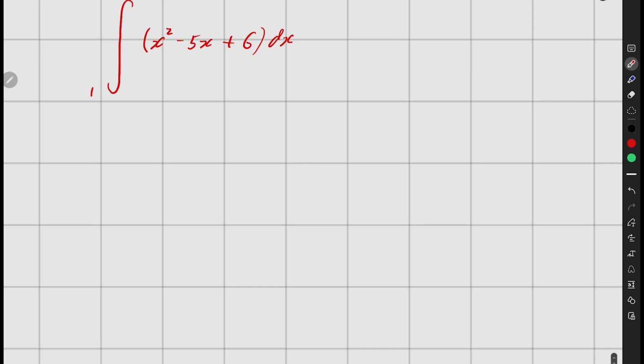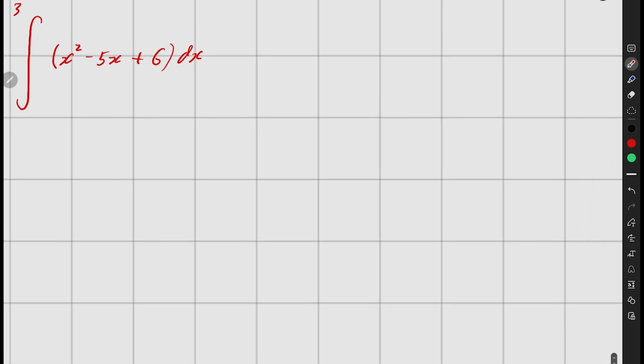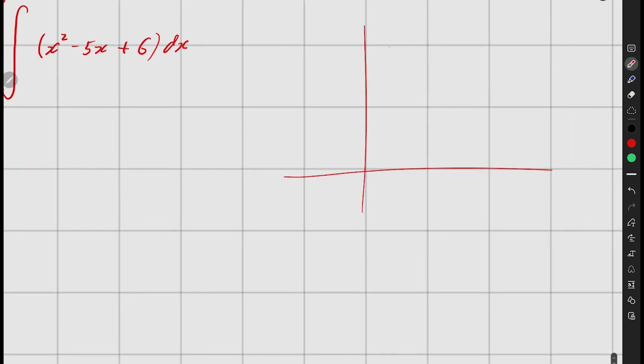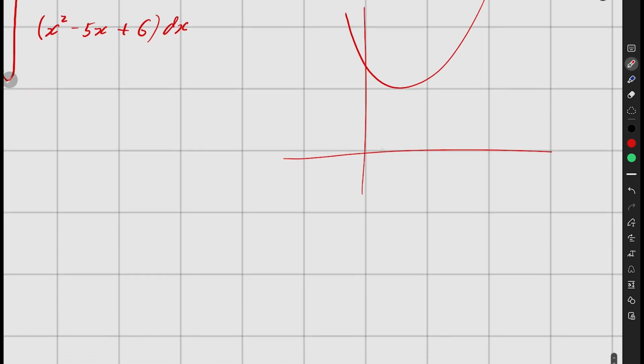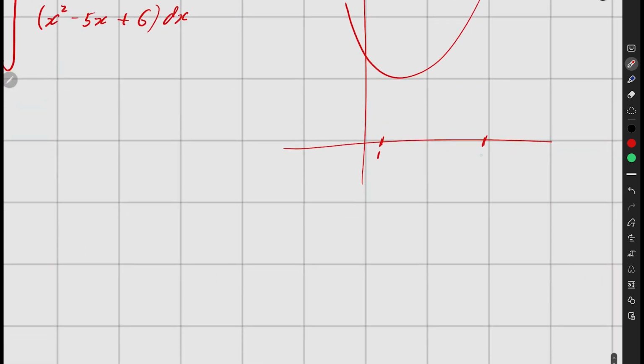So say we were asked to integrate this function to find the area under the curve. Probably going to look something like this. And what we're looking for is the area between 1 and 3. So what we're going to be calculating is the area under this curve.